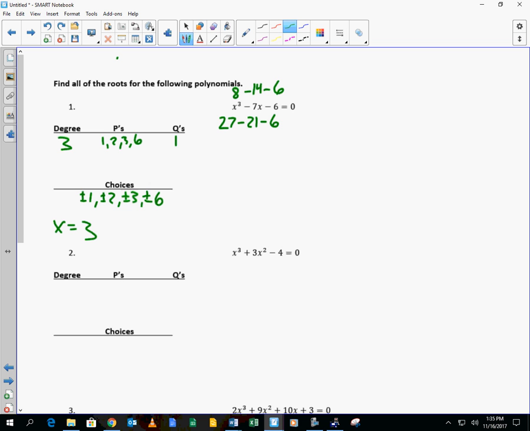Now, if 3 is a solution, then what is the factor? What divides into it if 3 is a solution? x minus 3 divides into it. So it does factor. x minus 3 is a factor. Let's divide that in.